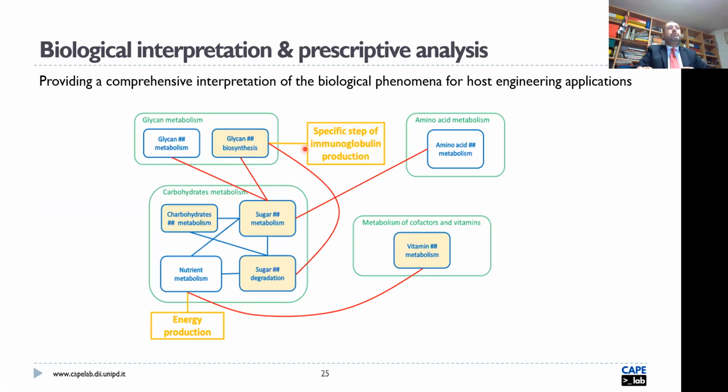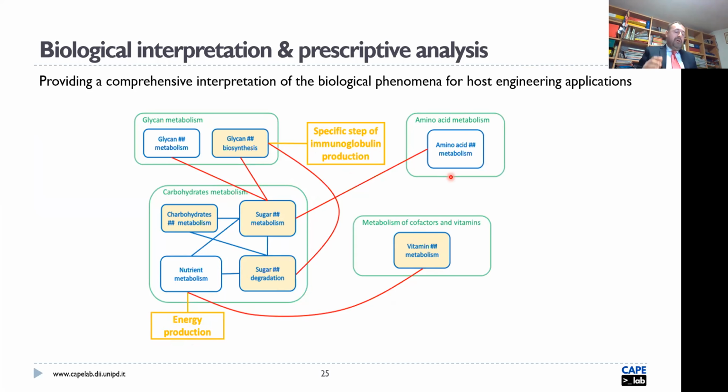So we could link how the production of the specific immunoglobulin is related to some phenomena which are related to the energy production and the presence of some cofactors and vitamins, or the activity of some amino acids. But if we reverse our way of thinking, we could also optimize the process.